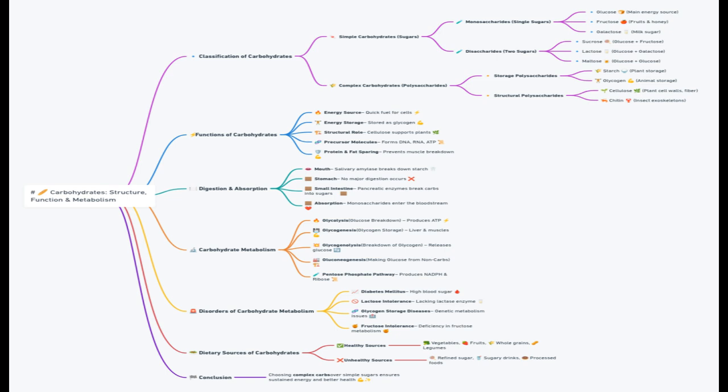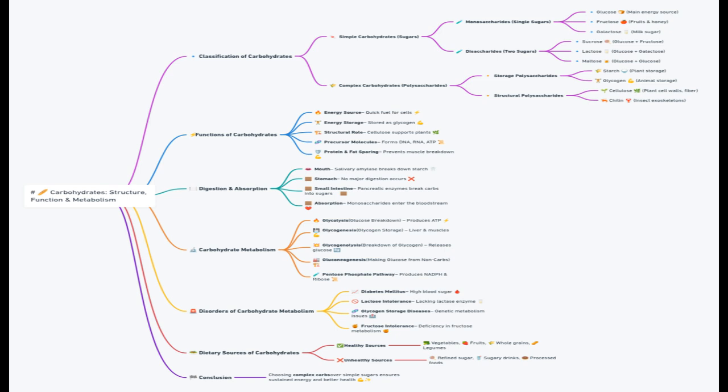The only difference from starch is the number of branches: alpha 1,6 branches every 8 to 12 residues, versus 12 to 30 in amylopectin, so it is more branched than amylopectin. And glycogen gives a red-violet color with iodine.